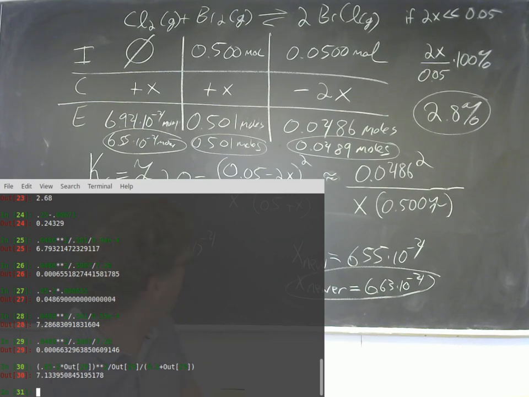Well, you can kind of see where this is going. We can set some bounds. We know that our value should be between 6.55 and 6.63.